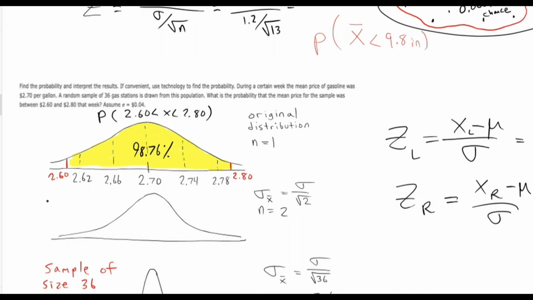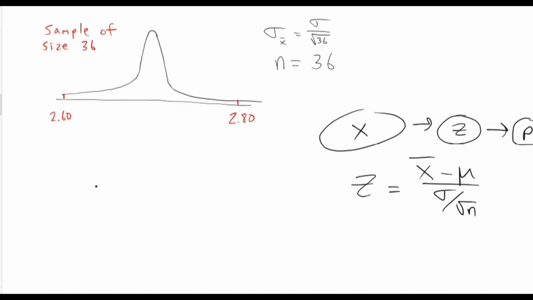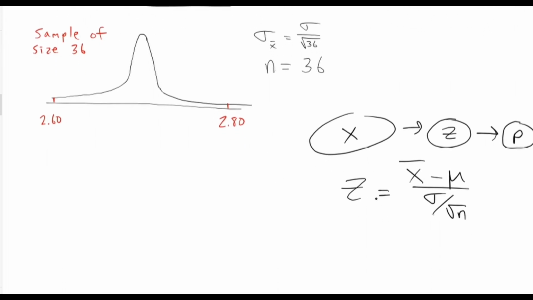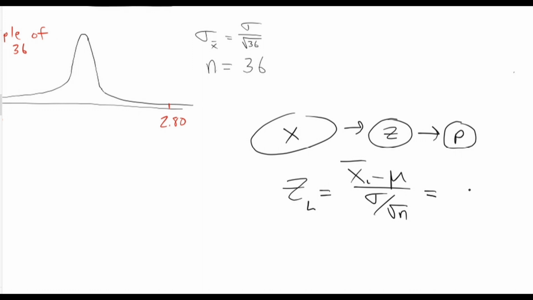So now we know that the z-scores would be negative 2.5 and 2.5. Apparently that corresponds to 98.7% of the area. But the z-scores down here are not going to be negative 2.5 and 2.5. They're going to be different because we have to use this formula.